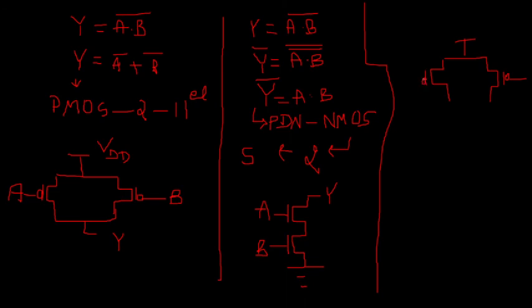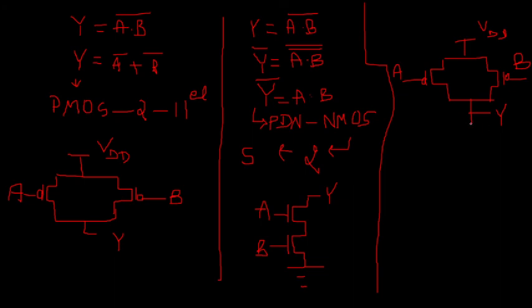You will connect the pull-up network first, having the inputs A and B. In between you will show the output Y, and remember Y will always remain Y, because you are implementing a 2 input CMOS NAND gate.